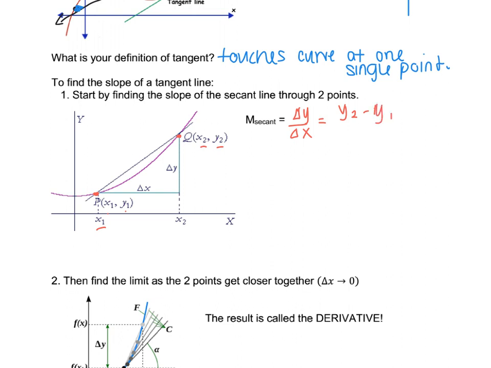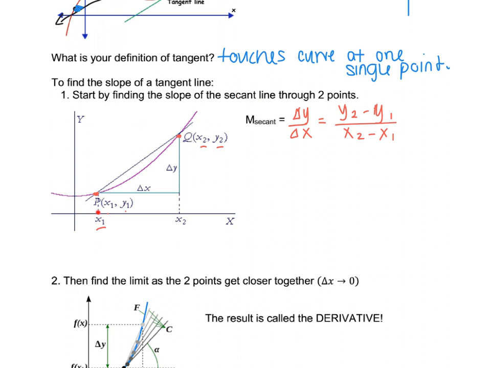And when I want to figure out the run, the horizontal distance, I'm doing x2 minus x1. This should not be confusing. It should be very straightforward review.